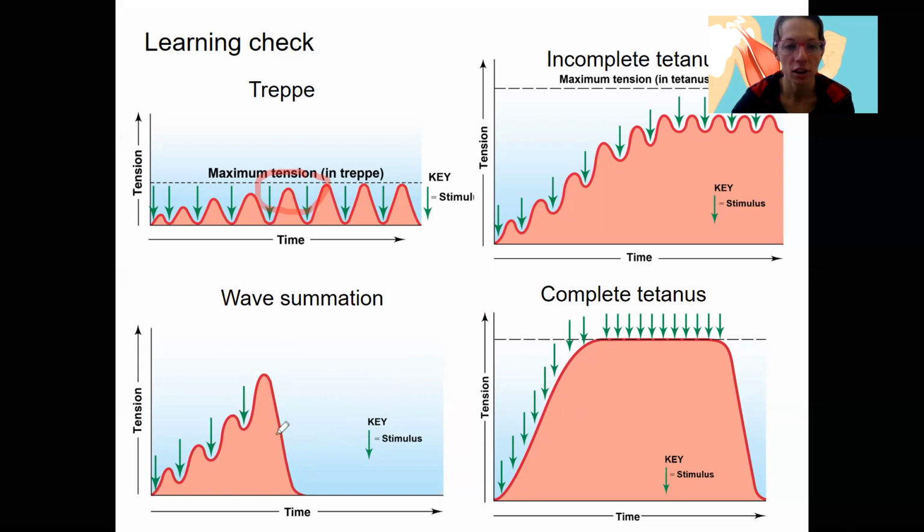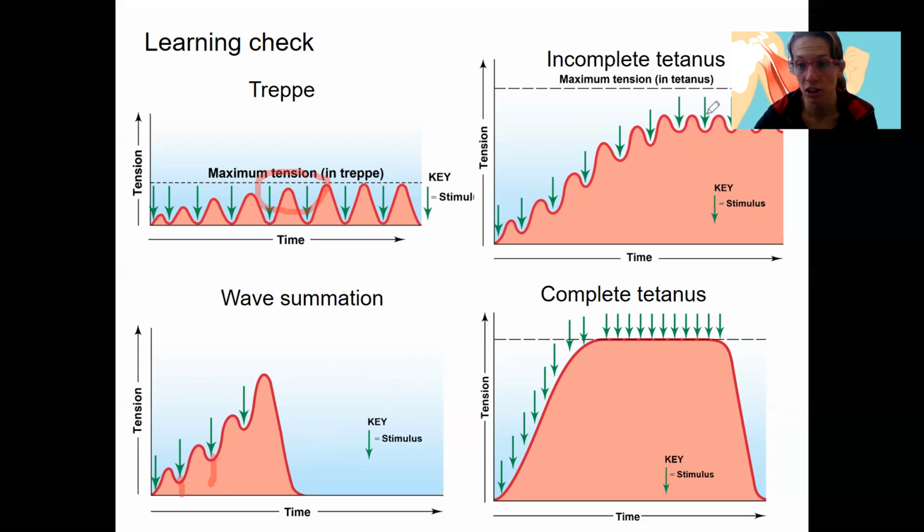Wave summation, this area underneath here, but we don't go back down to 0. That's what's key about this. Incomplete tetanus is a type of wave summation where we're reaching maximum up here, up and down. Then lastly, complete tetanus, we have no relaxation phase. We're just in contraction, maximal contraction.